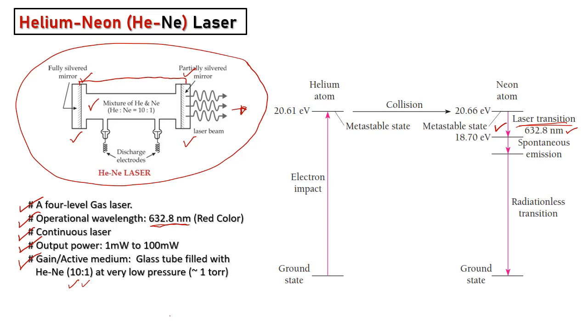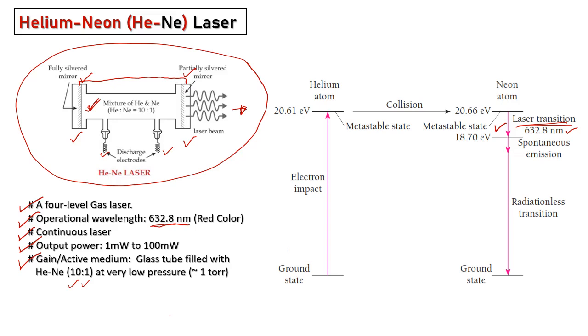An electrical discharge is supplied to the active medium through a super high frequency alternating current through these discharge electrodes. So this is a very simple construction for a very common gas laser.